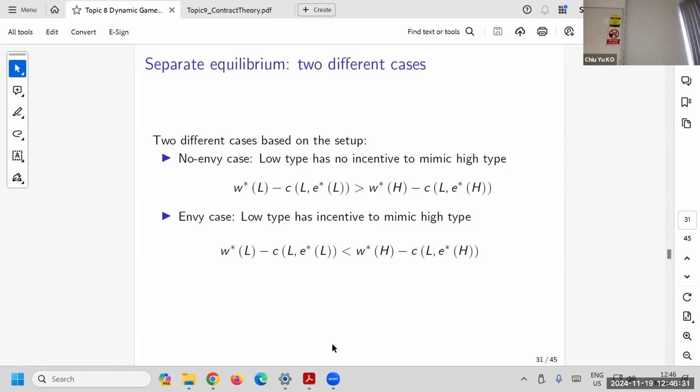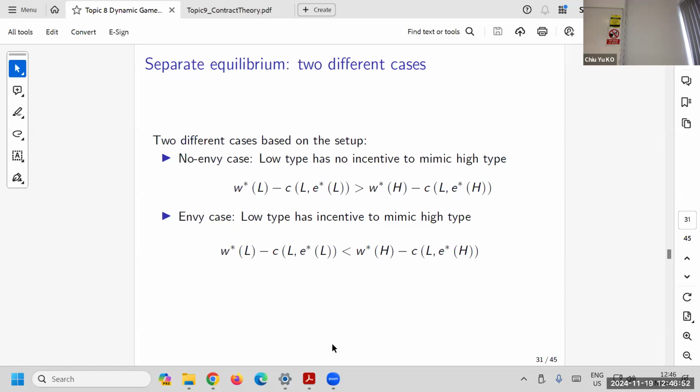The high type is earning this wage and this cost, but the low type would pay more cost, which means the low type doesn't want to mimic. This is what he gets as a low type under complete information. This is if you replace by H, the high type, and you pretend.